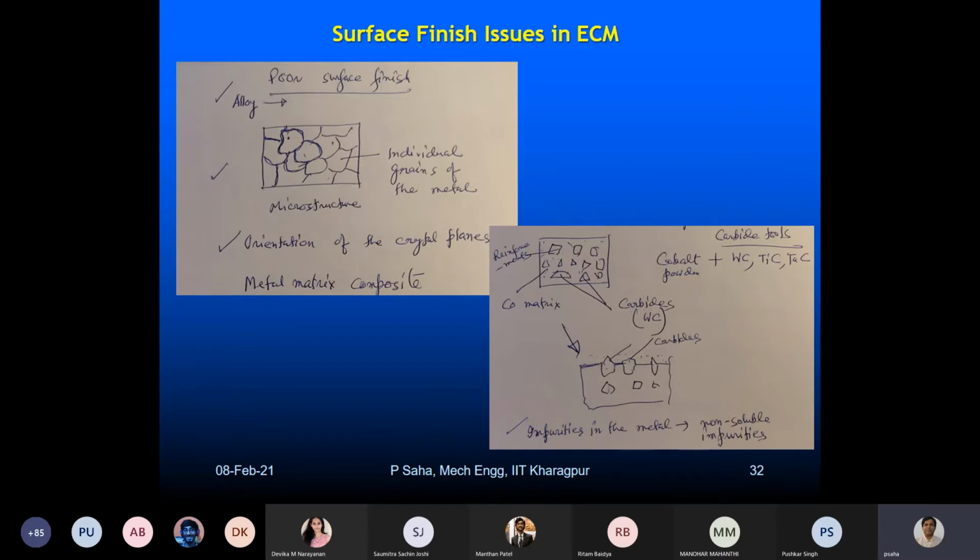Because of this orientation of the crystal planes with respect to the machining direction, the different crystal planes have different machining rates, leading to some change in the surface properties, surface texture, surface finish.